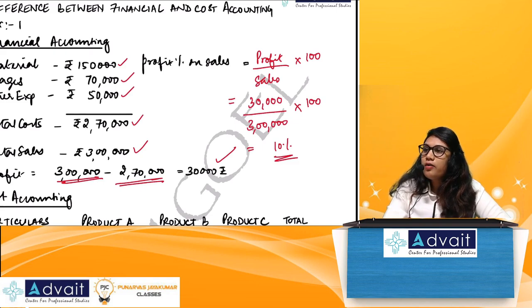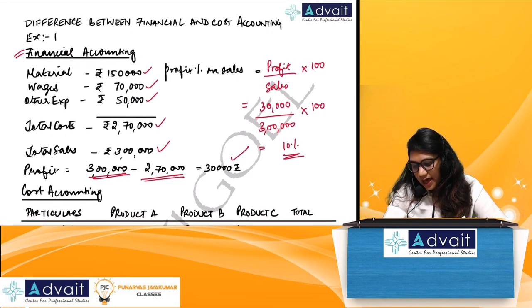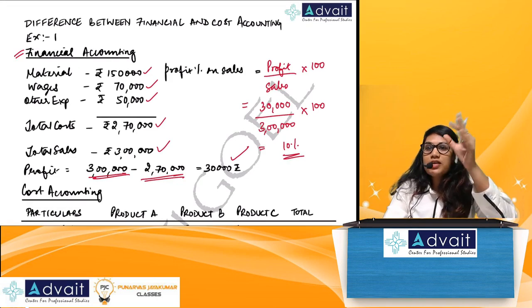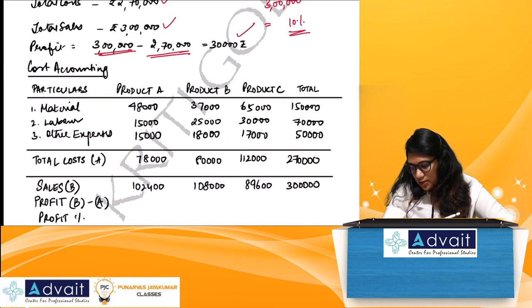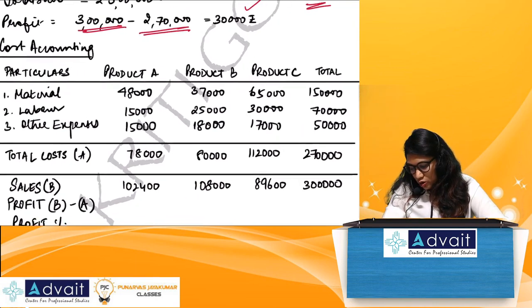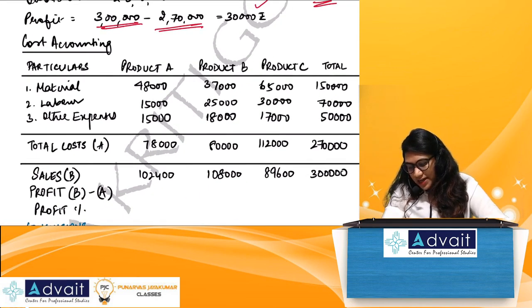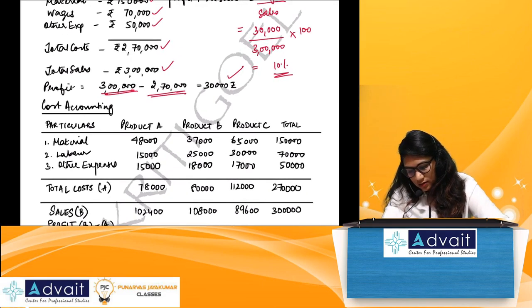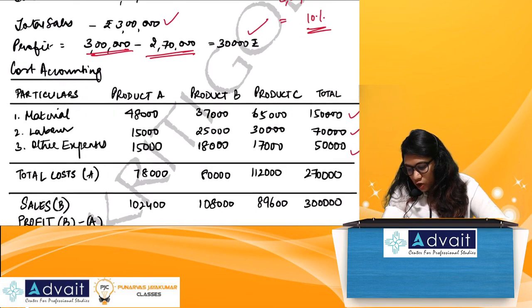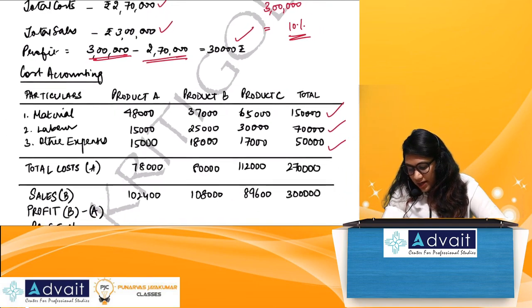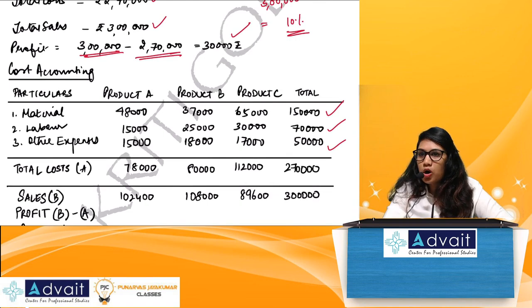Cost accounting will go deeper. So if we were to see this entire example from the eyes of cost accounting, this is how cost accounting will talk. So now material was 150, correct? Total material, total labor was how much? 70,000. Total expenses were 50,000. So now cost accounting will divide these expenses between the various products manufactured.